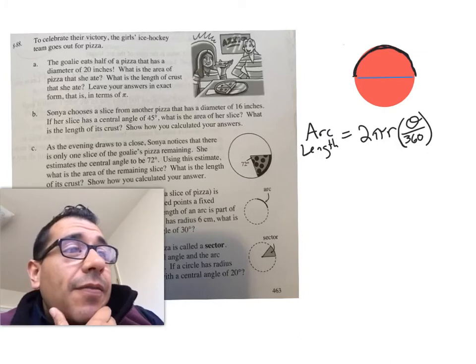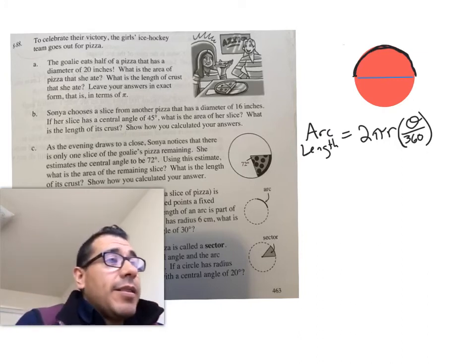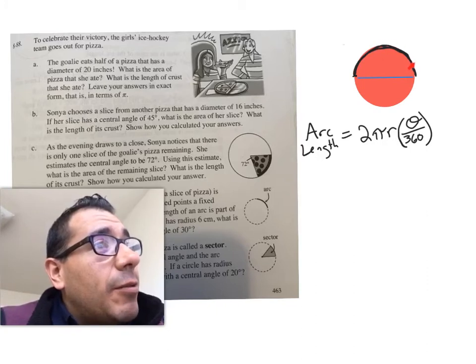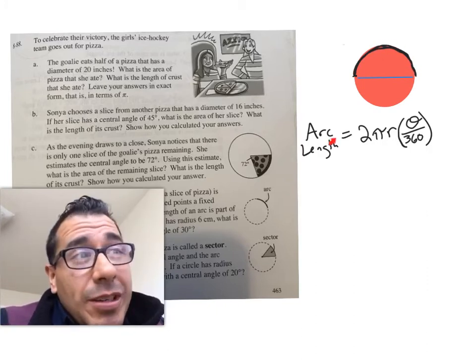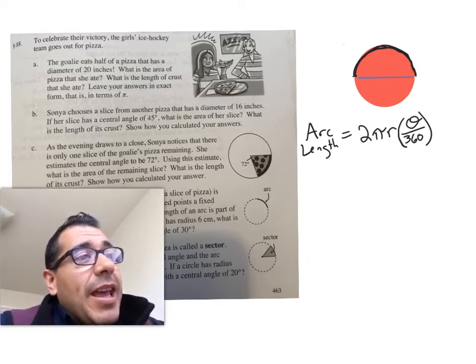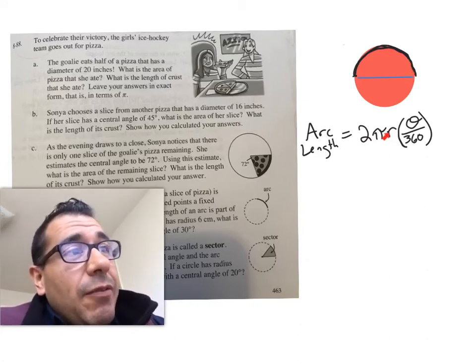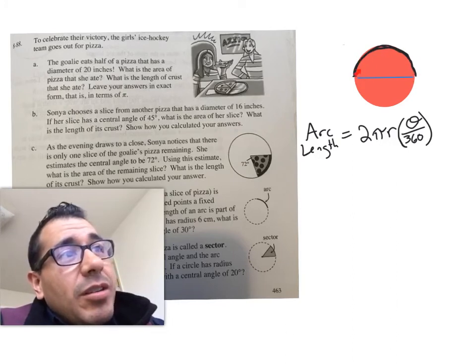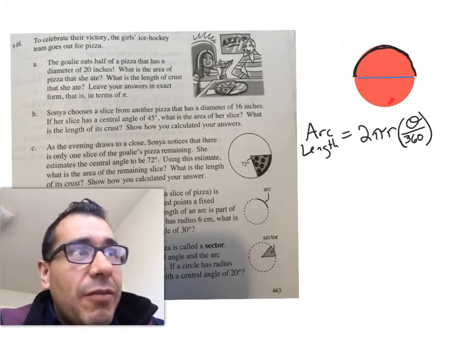All right, so let's find that length of the crust. All right, so we're talking about this length right here of the crust, which is really the arc length, right? That's the distance we're looking for. And remember, the formula is we take the circumference, and then we're only looking at the proportion, that ratio, that fraction of this entire circumference.